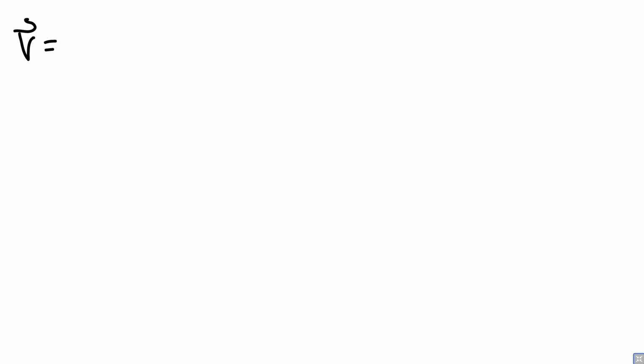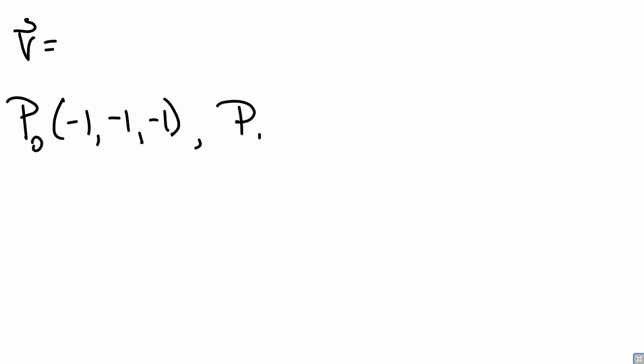To help with this, keep in mind that we can create a vector using two points. One point was given to us, our p sub 0, which was -1, -1, -1. Now we need to find a second point.